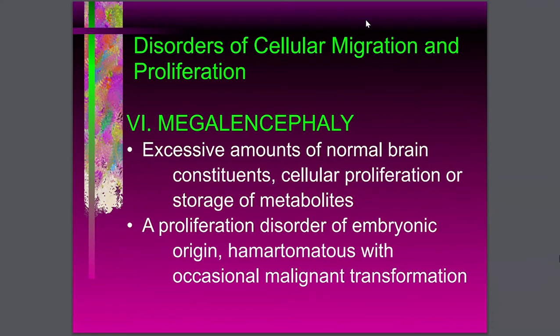So another disorder of cellular migration and proliferation is megalencephaly. So in megalencephaly, you have excessive amounts of normal brain constituents, increased amounts of cellular proliferation or storage of metabolites. So megalencephaly is due to an increase in the brain constituents, such as the supporting brain tissues, no?